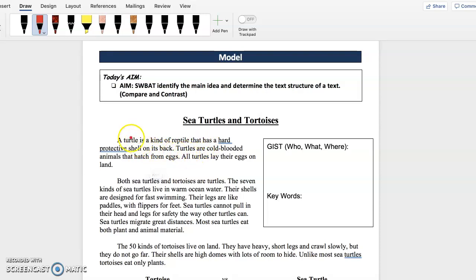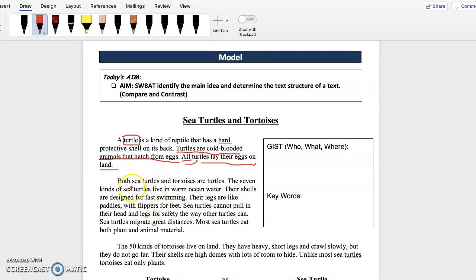Turtles are cold-blooded. My topic, of course, is turtles, because sea turtles and tortoises are both turtles. They are cold-blooded animals that hatch from eggs. All turtles, this is a key word, all turtles lay their eggs on land.